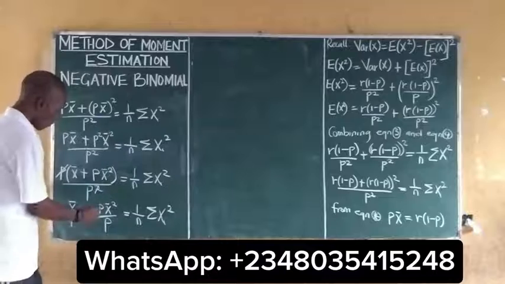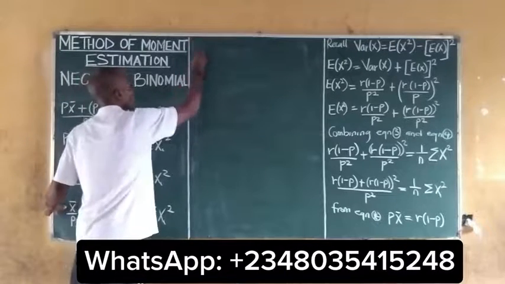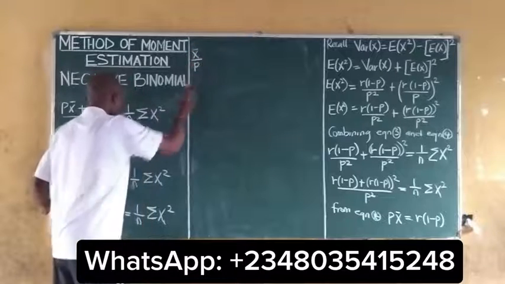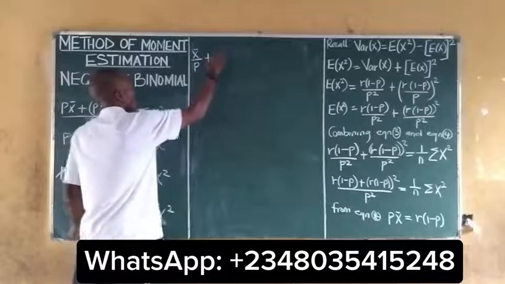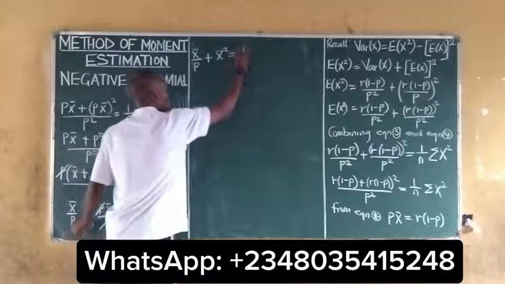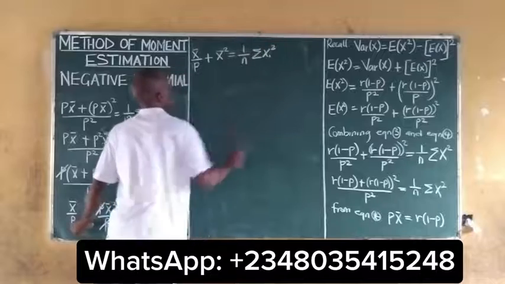So we come over here, if you watch, P can cancel P. So we'll be left with just X bar all over P plus X bar squared to be equal to 1 all over N summation of Xi squared.